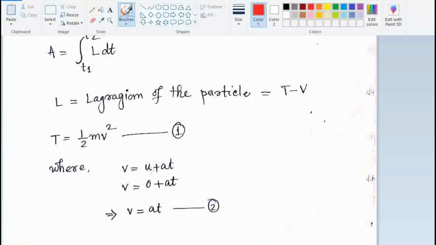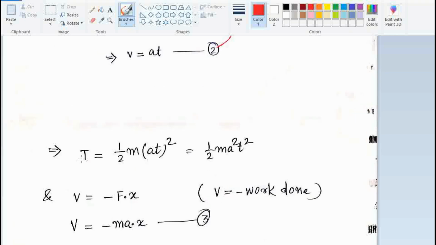As the initial speed equals 0, v will be nothing but at. Now if you put the value of equation 2 in equation 1, then you will get T equal to half m a square t square, which is the expression of the kinetic energy.